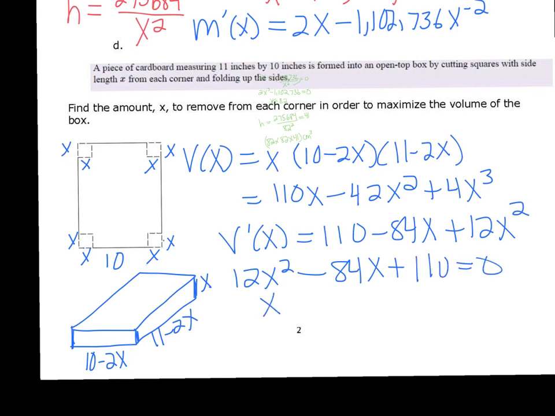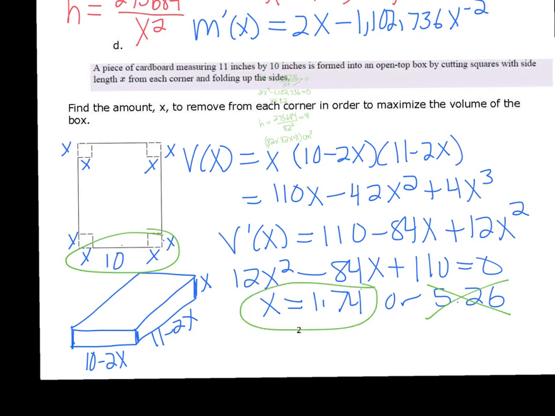And you should get that x is equal to either 1.74 or 5.26. Now with 5.26, if I took that away on this side here, 5.26 on this way and this way, I end up with negative material, and that doesn't make sense. So if we cut away about 1.7 inches on each corner, then we're going to maximize the volume of our box.